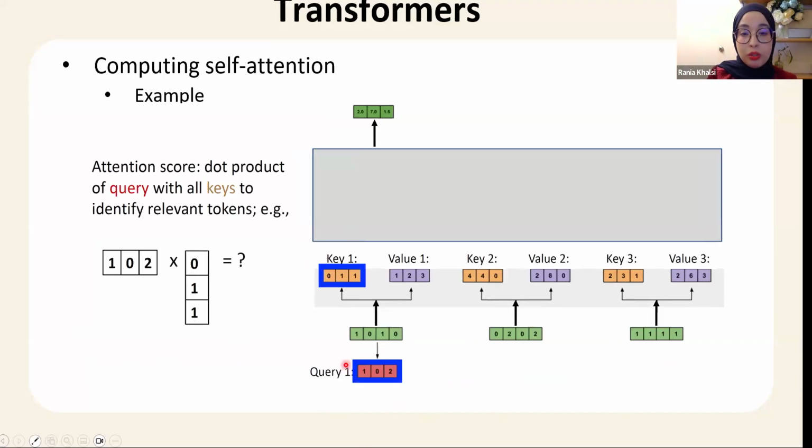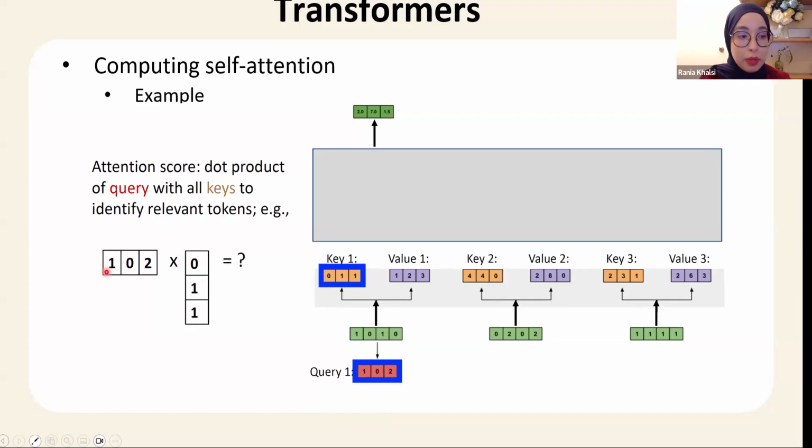Now we take the key vector for the first input and multiply it by the corresponding query vector. To perform this multiplication, we apply the dot product operation.